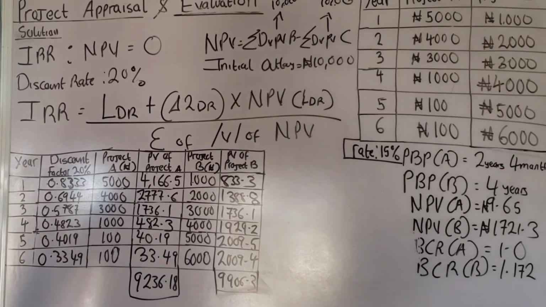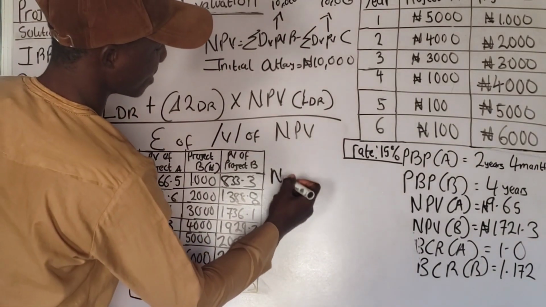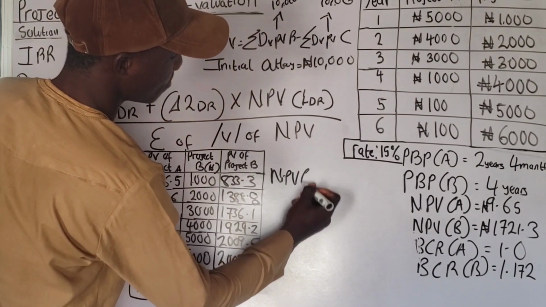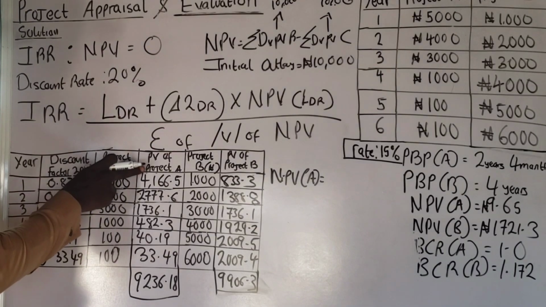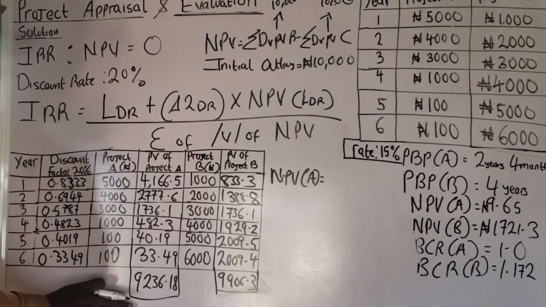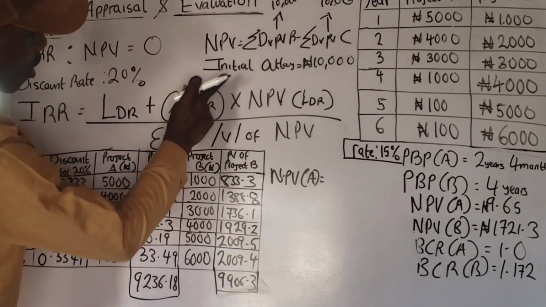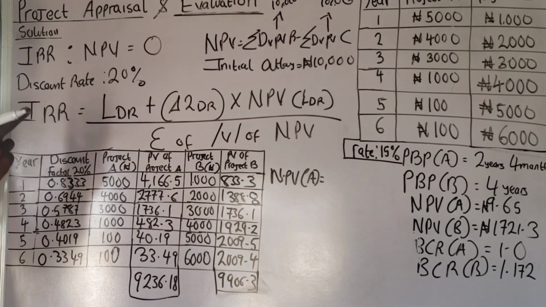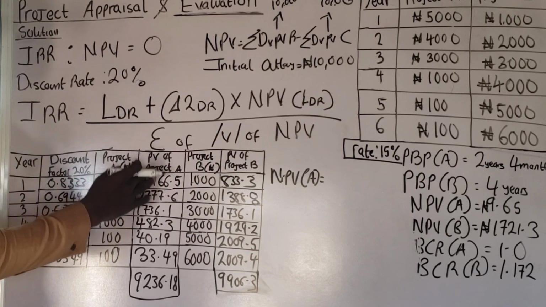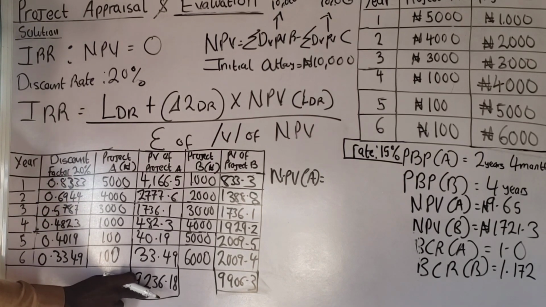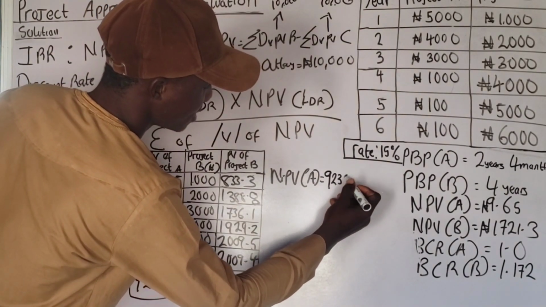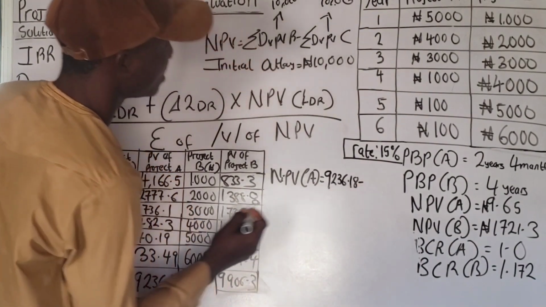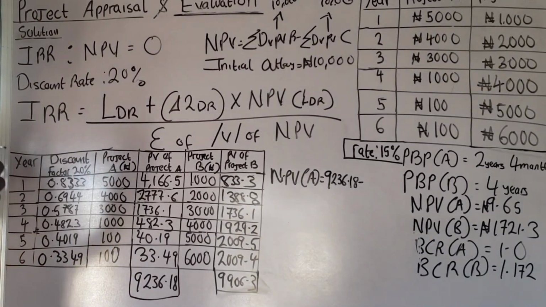Okay. So the NPV for project A will be the sum of the product of the discount value and the present value of income stream of project A. That is 9,236.18 minus the cash outlay.